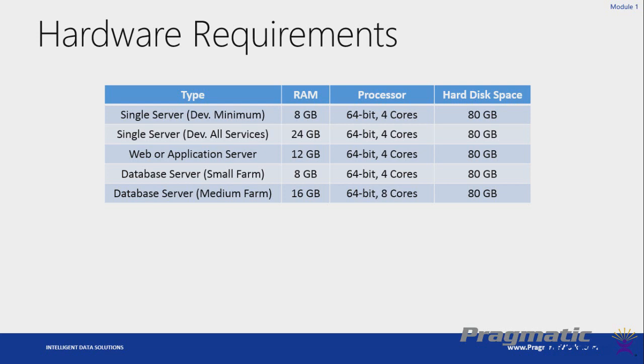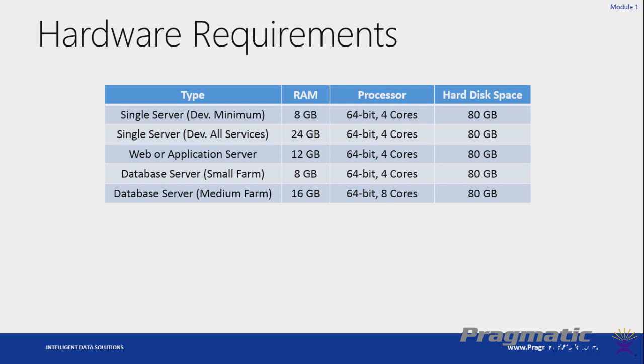All right, some hardware requirements. These are pretty loose requirements. If you go onto the MSDN documentation, you'll see all kinds of stuff where Microsoft says this is what you should use. These are the recommendations that we make for a development server, a small server farm and a large server farm.